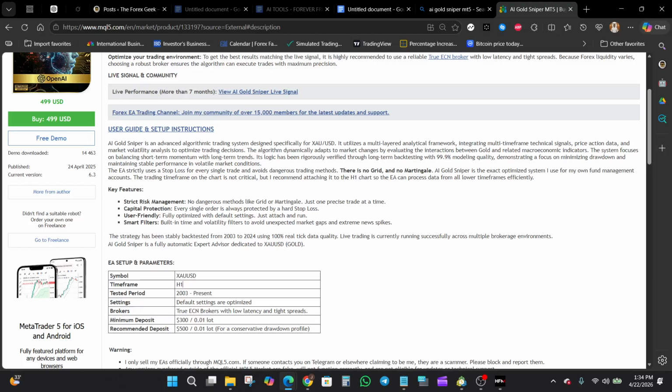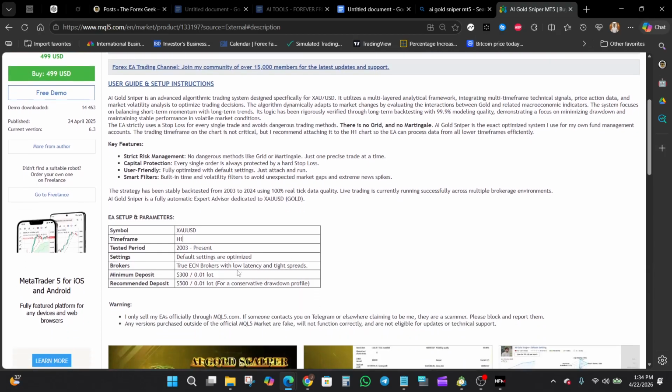It also includes smart volatility and time filters. These filters help the EA to avoid high impact news periods, unstable market spikes, low liquidity conditions. This is especially important for gold because XAUUSD can be extremely volatile during news events. And finally, there is the adaptive analytical framework behind the scenes.